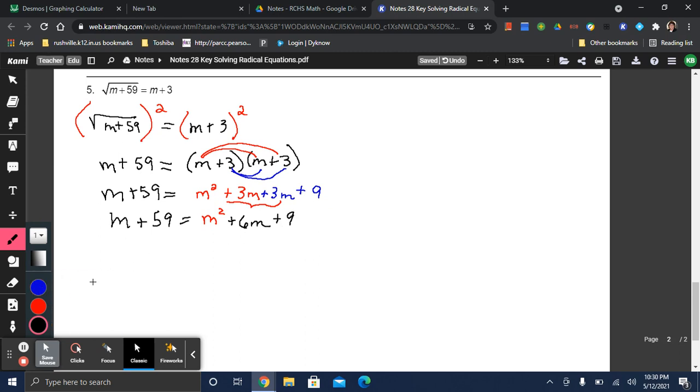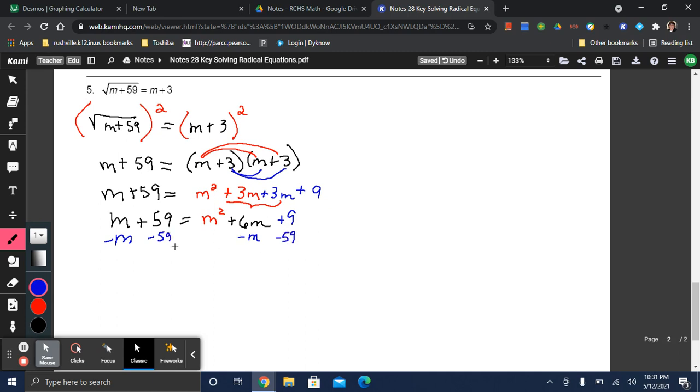All right, so, since we have a square term in here, we're going to need to, like the last one, get it equal to 0. So we're going to need to minus m to both sides. We're going to need to minus 59 to both sides.